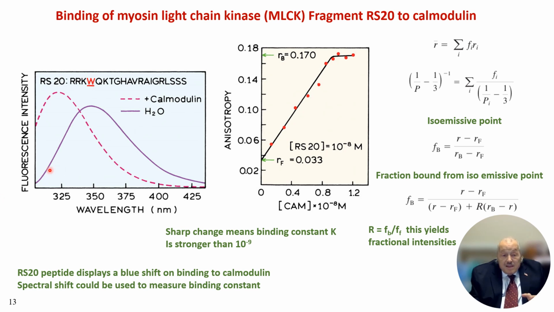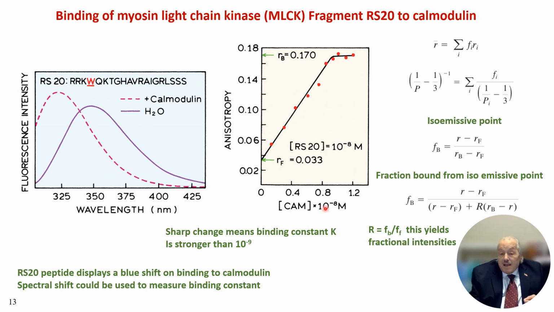And when the smaller peptide binds to calmodulin, it shows a blue shift, showing it's shielded from the water. What's very nice about this experiment is that the binding constant is so high that the binding is essentially stoichiometric.